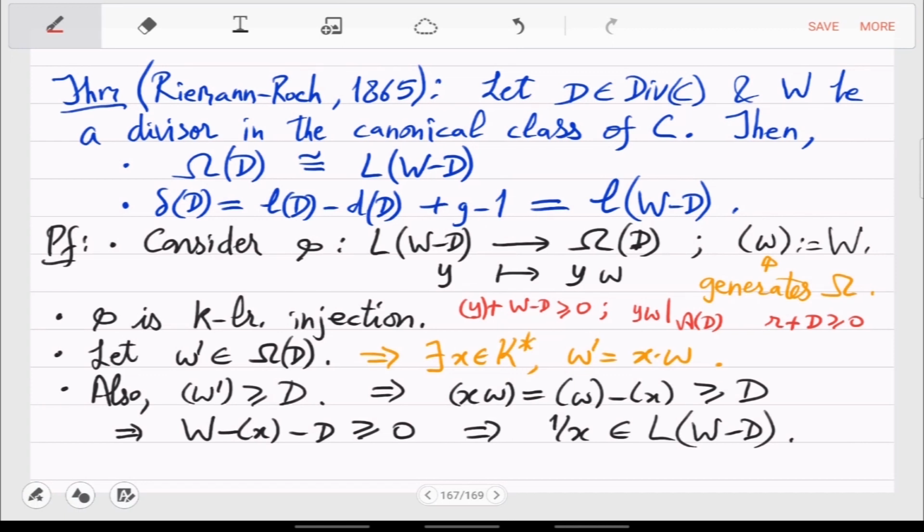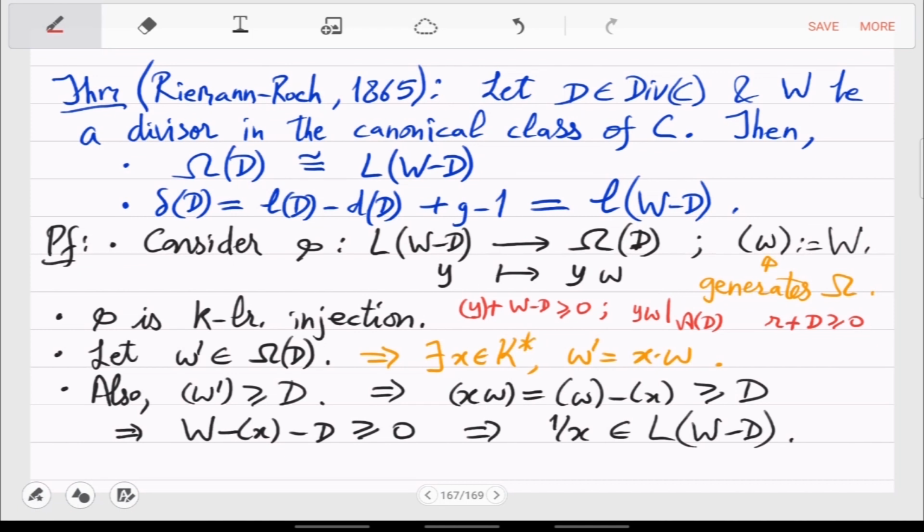No, I'm worried that maybe it should be omega plus x. I think this minus sign is wrong. I may have to do a correction in the previous proof. It should be W plus x minus D. Otherwise, this will not make sense. So let's just check that.